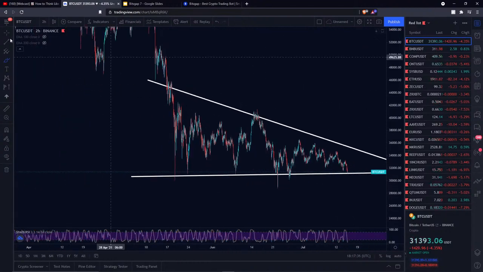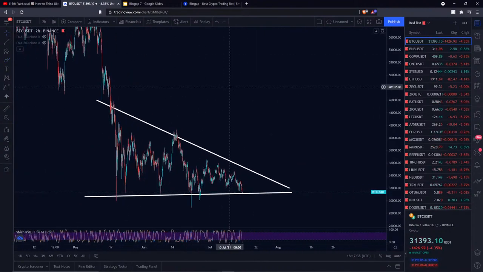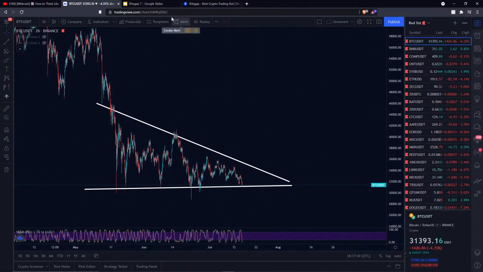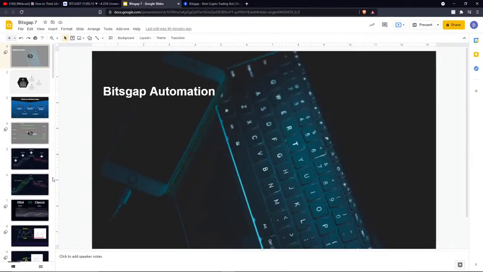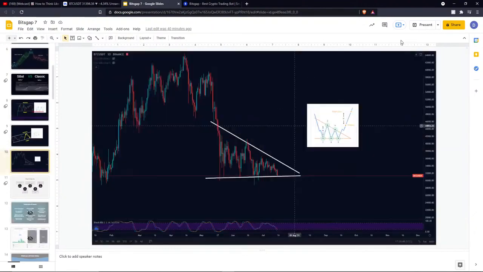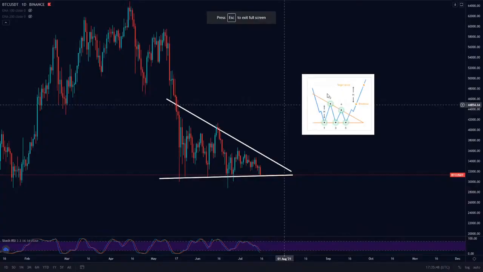So what you see here on the chart right now is a pretty common pattern known as the descending triangle. That's actually the one I have here for you, you see. So like from the books, it's supposed to look like this, right? That's pretty much exactly what you see right now on the chart of Bitcoin.